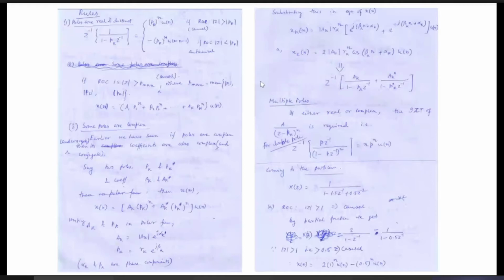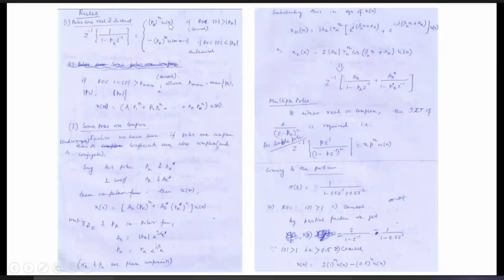So you see that once the Z transform is given, the corresponding ROCs are given. So by seeing the ROC, you have to guess what type of signal it is.